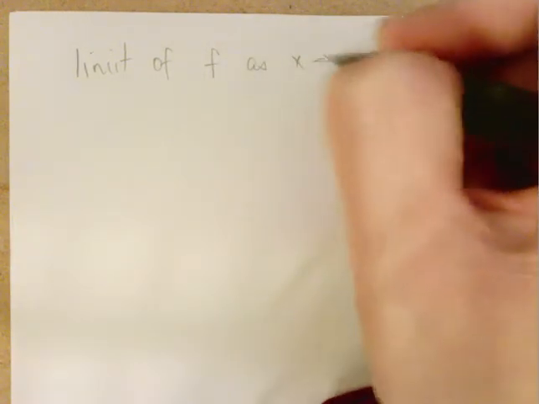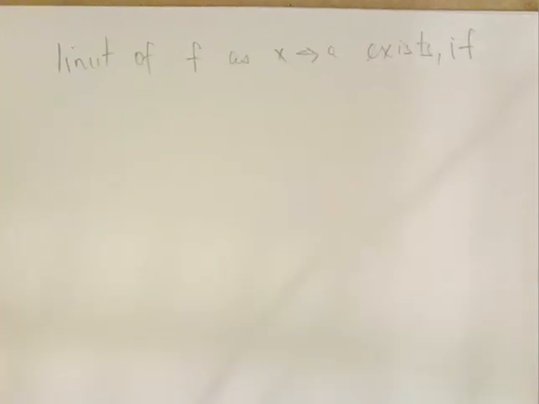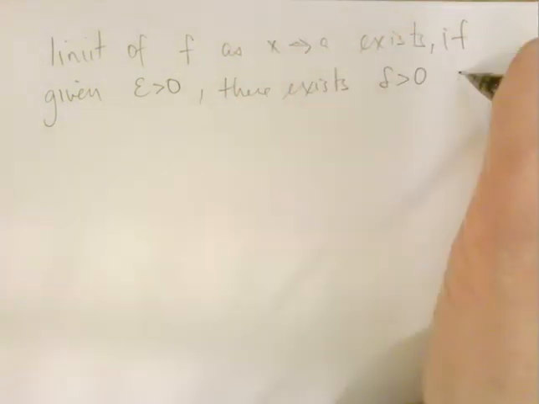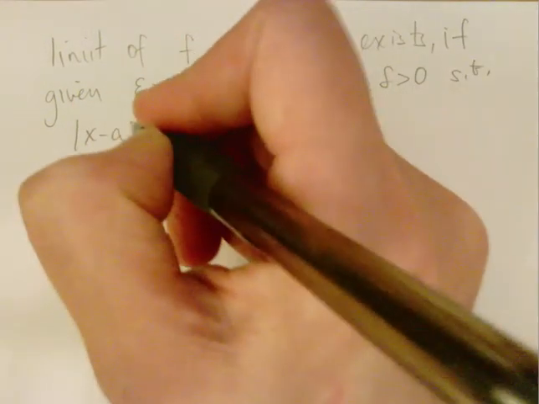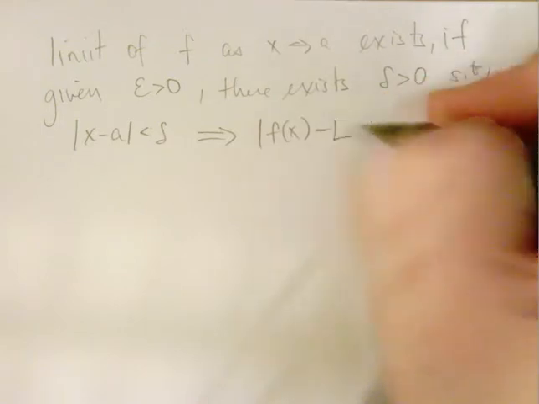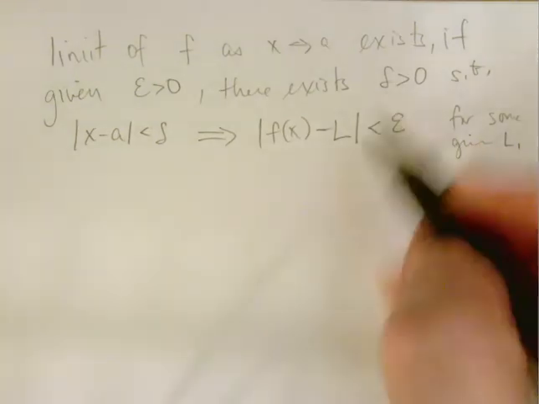We say that the limit of f as x approaches a exists if, given epsilon greater than 0, there exists delta greater than 0 such that |x minus a| less than delta implies that |f of x minus L| is less than epsilon for some given L. So in other words, L is the limit.